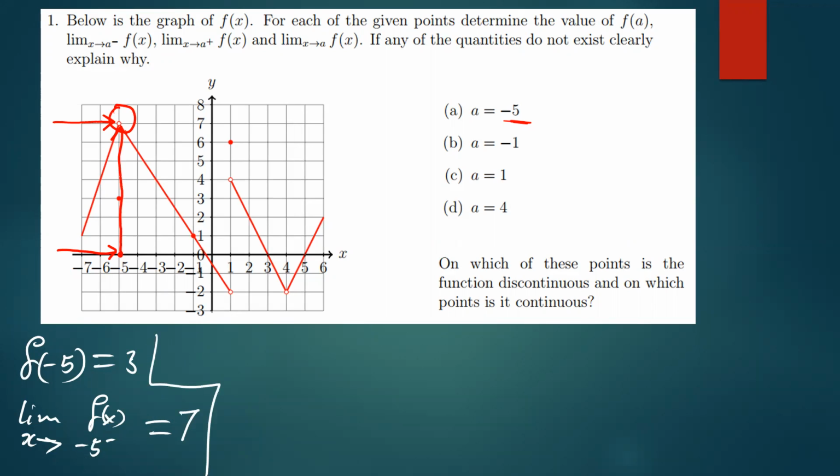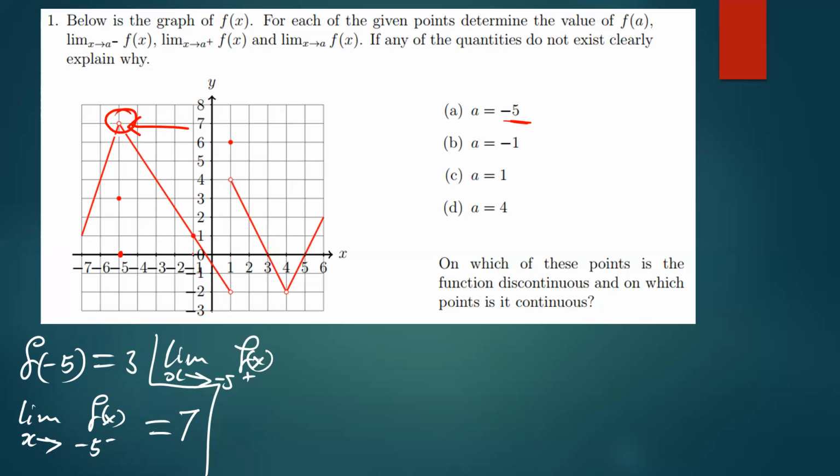Let us see what the solution is if we are approaching from the positive side. So let us find the limit of f of x as x approaches -5 from the positive. The answer will still be the same here, because as we are approaching -5 from the positive side, we are going to find ourselves at this point, because that's where -5 is.